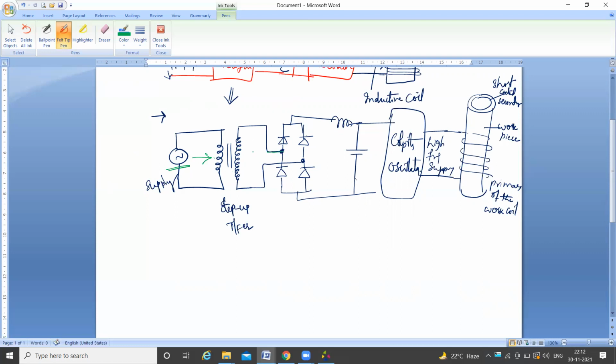The output of this secondary is connected to the bridge rectifier, and this bridge rectifier converts the AC signal into a DC signal, a high amplitude DC signal.